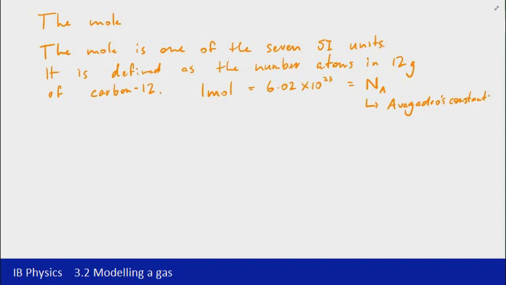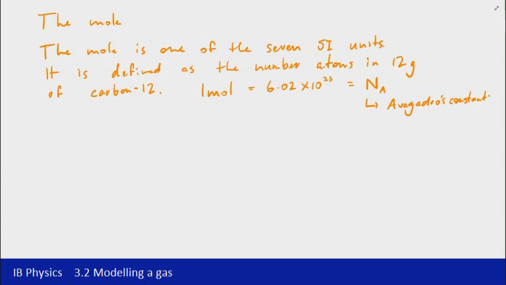So when we're talking about 1 mole, we're really just talking about a number. Some comparisons you might want to think about: 1 dozen is 12, 1 mole is 6.02 by 10 to the 23. It's just a number, or pi is 3.1415.